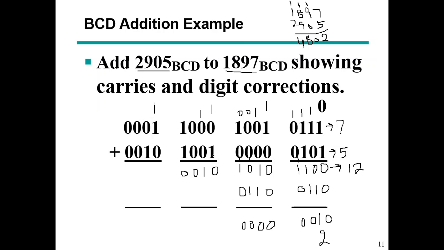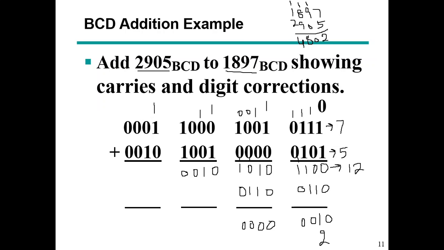0 and 1 carry. That 1 carry means the sum is again greater than 9. This 1 carry, we cannot ignore it, the sum is again greater than 9.